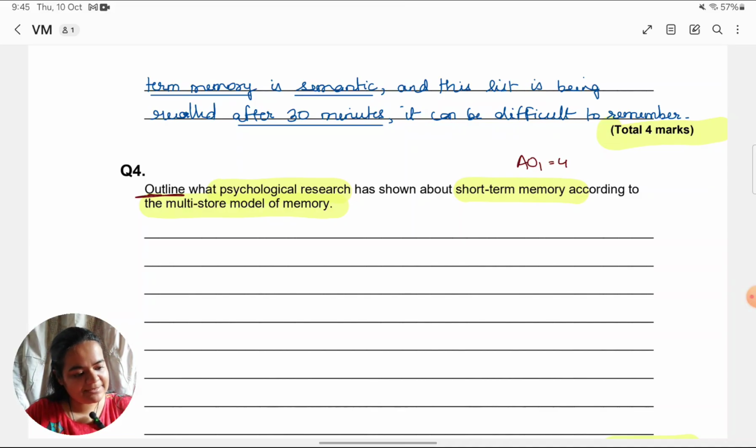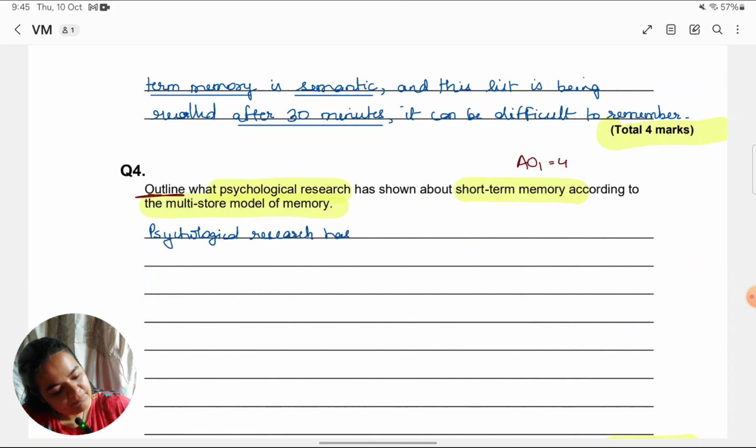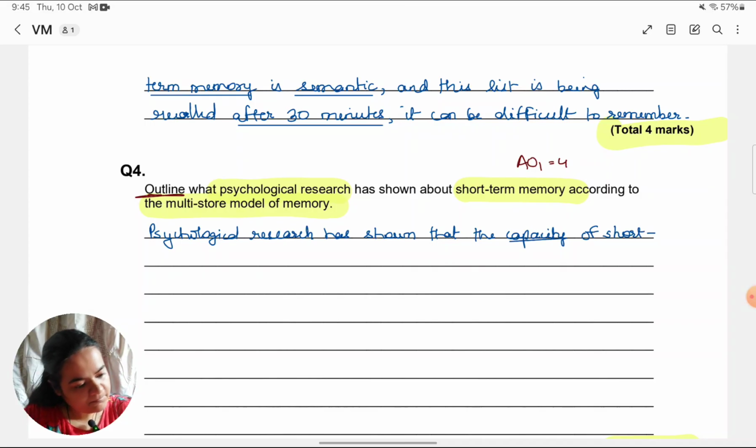Let's see how we can write this. I'll show you a sample of how we can write. Psychological research has shown that the capacity of short-term memory is 7 plus or minus 2 chunks of information.